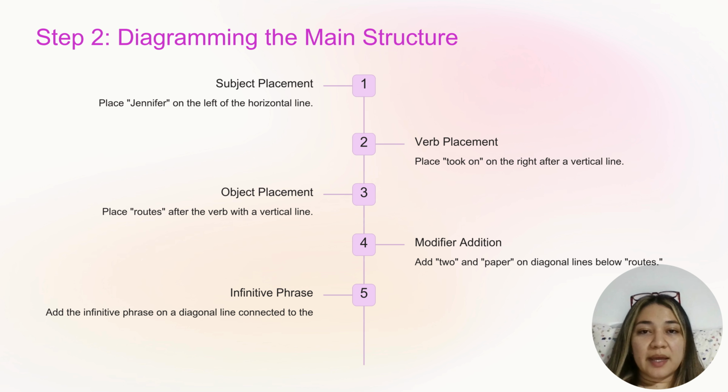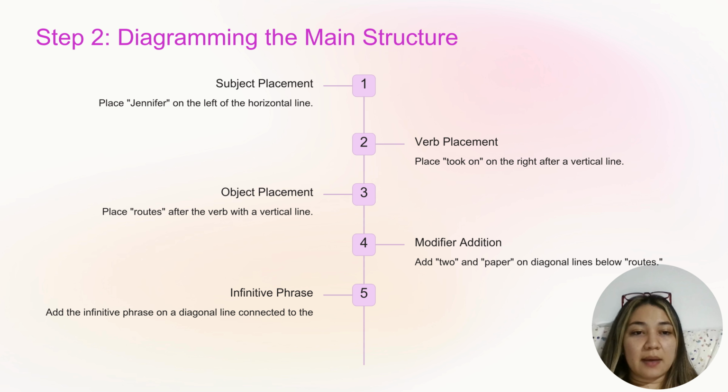You have to place the word took on the right after a vertical line, to separate the subject from the verb, right? So we have object placement: place the word routes after the verb with a vertical line too, right?